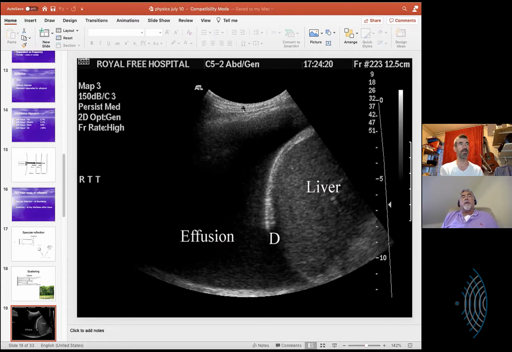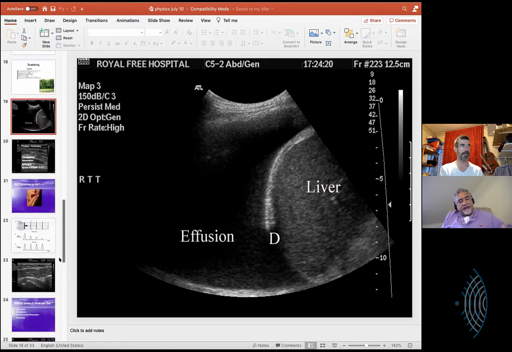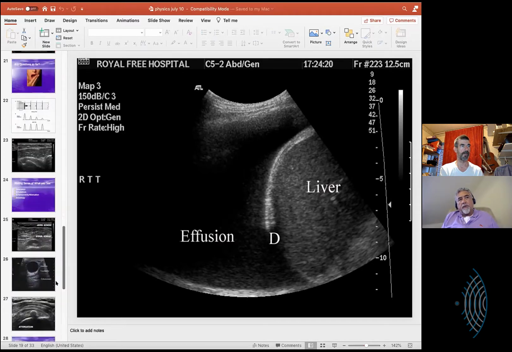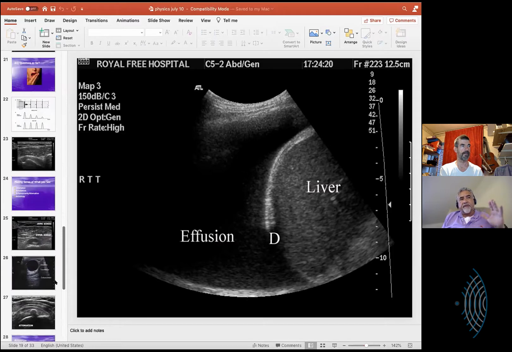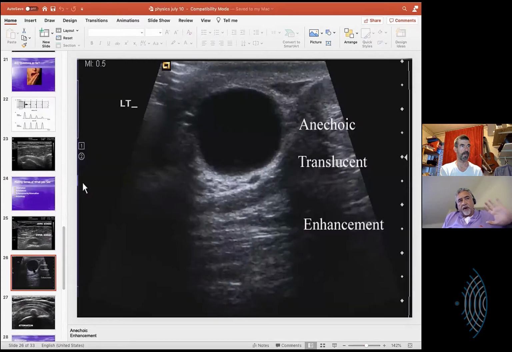All right. I have to get to something on the hour, but I want to just assure myself of my understanding. Is this the evidence of the time gain compensation thing where it went through the cyst?